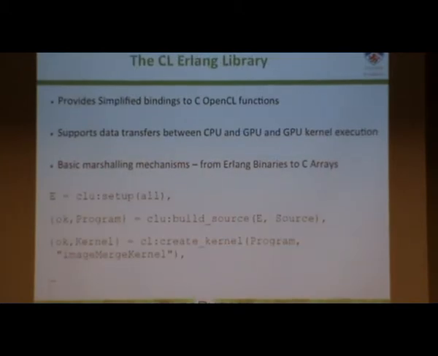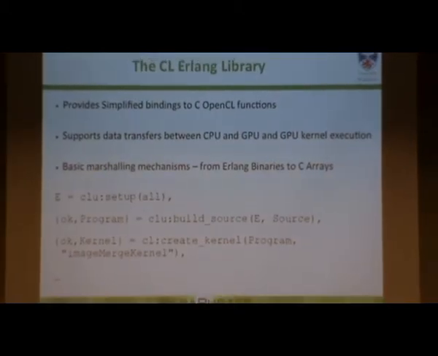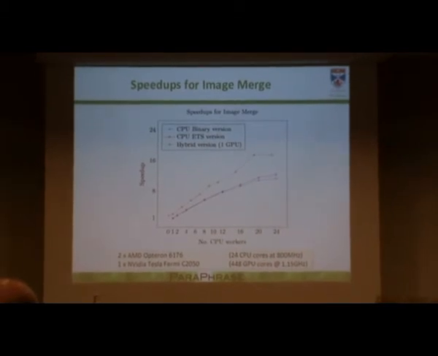There's a paper that we're writing at the moment. This is the library we're using, CL library, to do that. This shows you that it works. So here we have pure CPU versions. The red one is using an ETS, the blue one is standard. The red one's slightly faster, about a factor of 9 on 24 CPU cores.